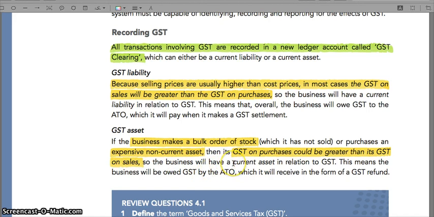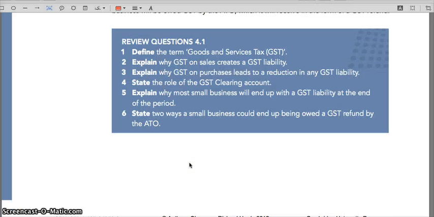And that means that the business will hold a current asset of GST, which means that the Australian Tax Office will owe the business that amount of GST, or they will get a GST refund. So we'll need to just quickly knock those review questions over, 4.1. That will essentially give you the basis for the note taking that we would have done in class.